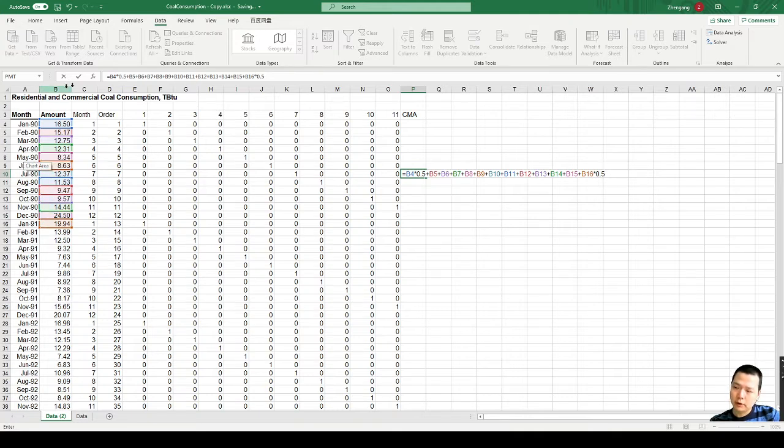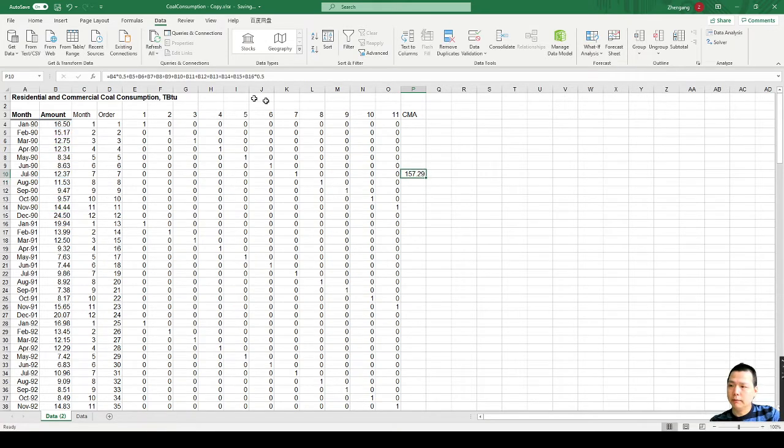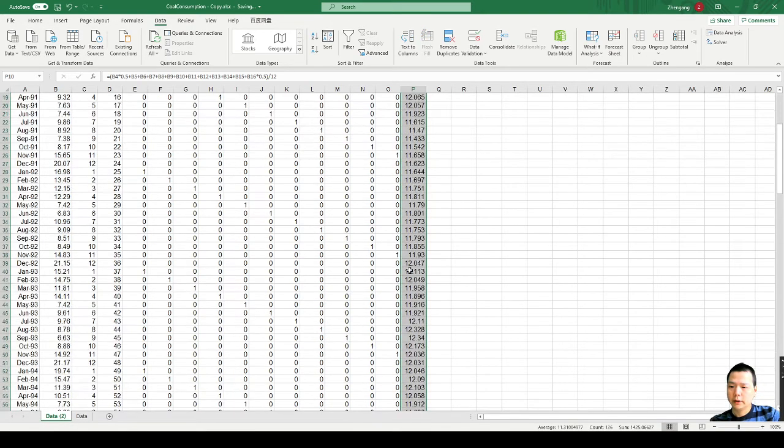The previous half year and the following half year. That's a sum, and we want to divide that by 12. And we drag it down.